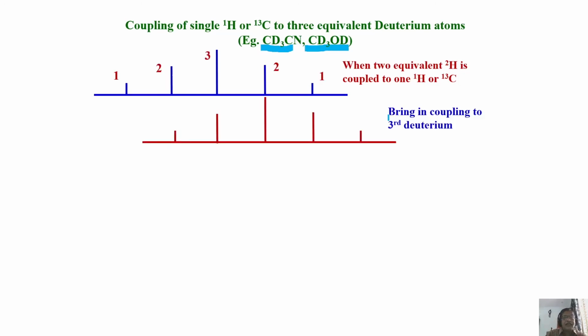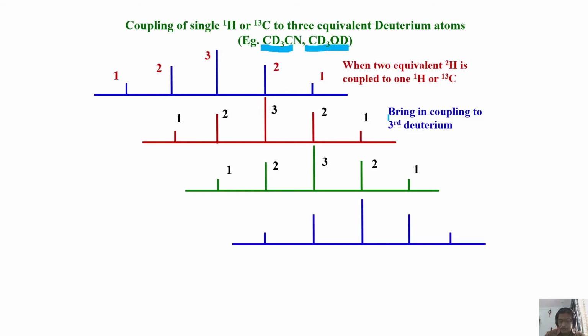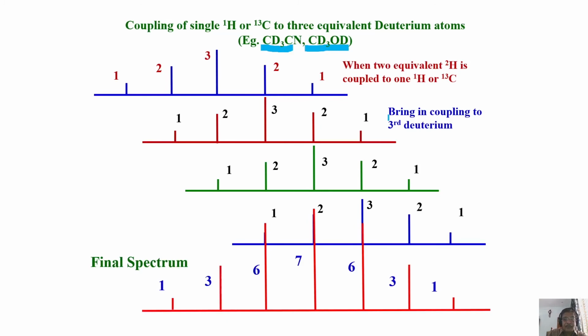You must understand each of these lines will be like this. Each of these will be split into three lines of equal intensity. Similar to this, we have three patterns. The final spectrum will be the overlap of all those, and it is 1, 3, 6, 7, 6, 3, 1. When two deuteriums are coupled, the intensity pattern is 1, 2, 3, 2, 1.